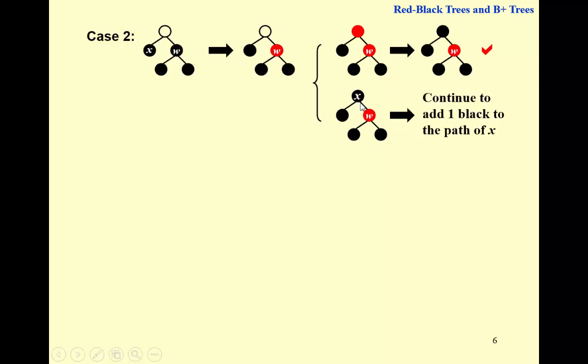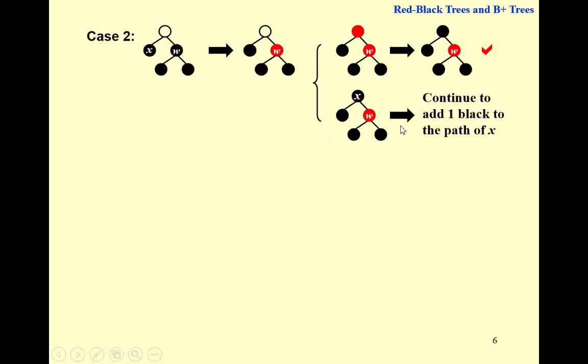And from now on, we're gonna try to add a black node to the path of this X. And if we can add an extra black node somewhere, then we can recover the number of black nodes for these two paths. And at the meantime, there will be one extra black node along this path, and therefore it will be safe to cut this one.